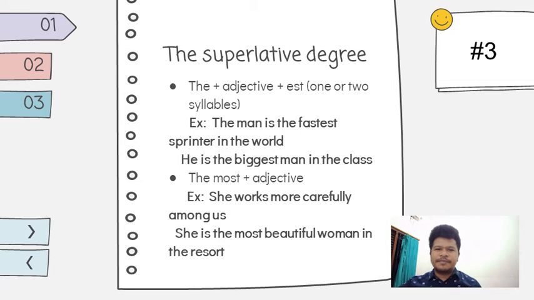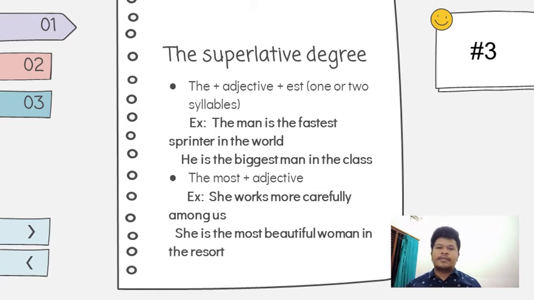And the principle is the plus adjective plus est. And again, it's only for one or two syllables. For example, here, the man is the fastest sprinter in the world. And the second one, he is the biggest man in the class.